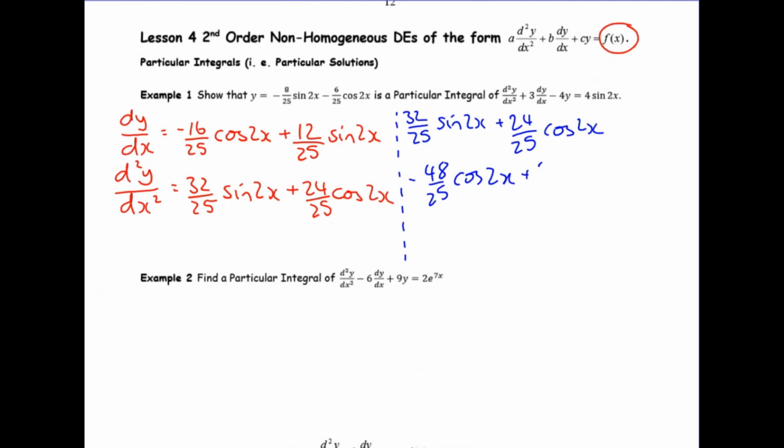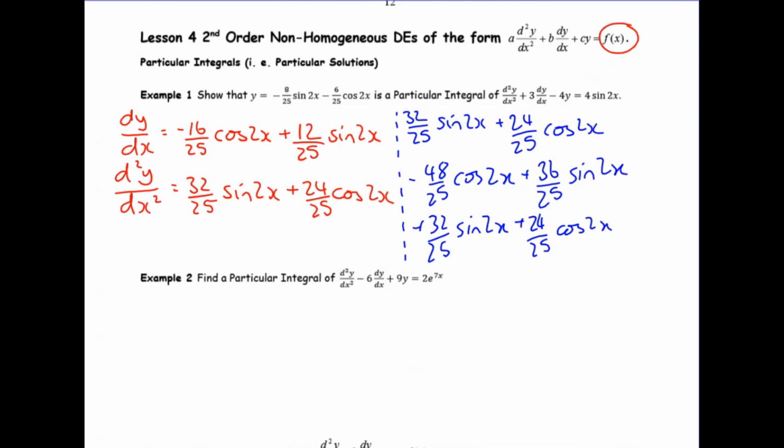Plus 3 times that's 36 over 25 sine 2x. Could have chosen nicer numbers for me. And then I'm going to substitute the y equation in from this one, so times it by minus 4. So that will be plus 32 over 25 sine 2x. Plus 24 over 25 cos 2x. This is the left-hand side of this differential equation.